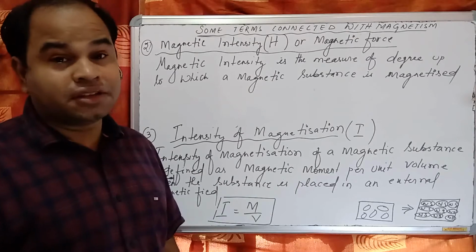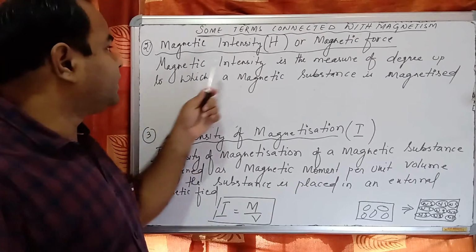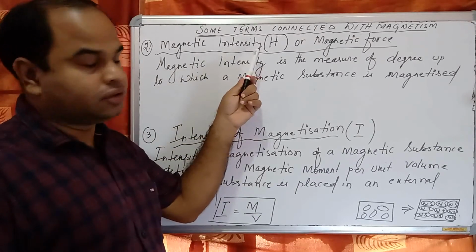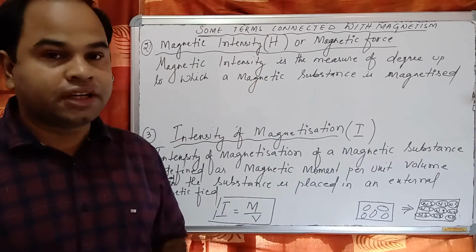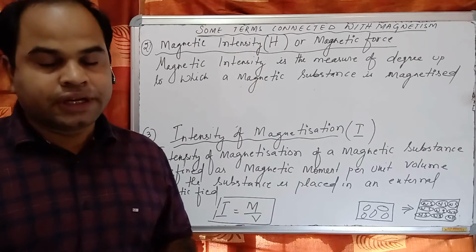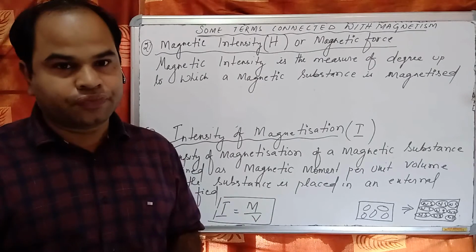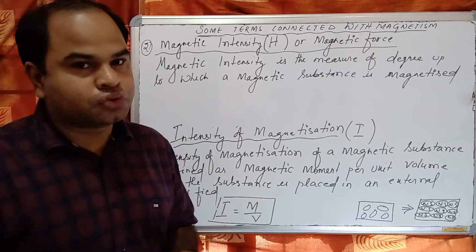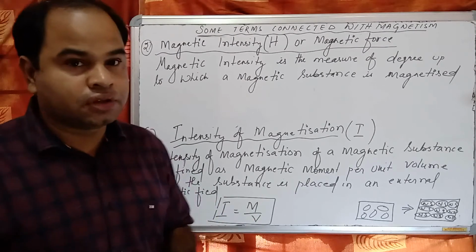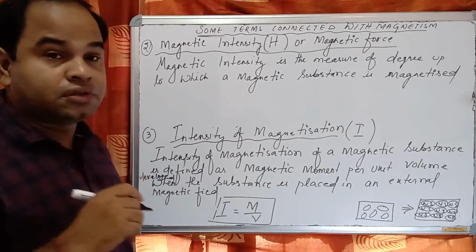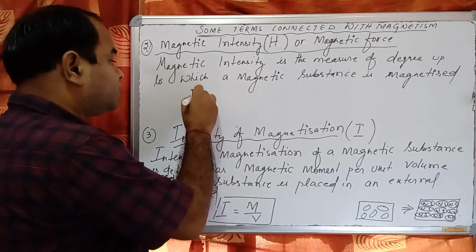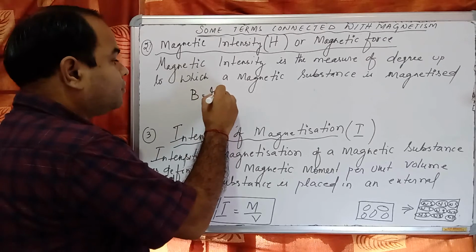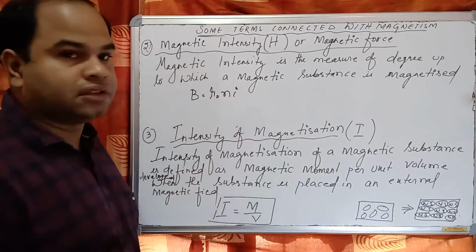The next term is magnetic intensity, that is H, or it is also called magnetic force. I may just discuss it. When current flows through a solenoid, it produces magnetic field around itself.